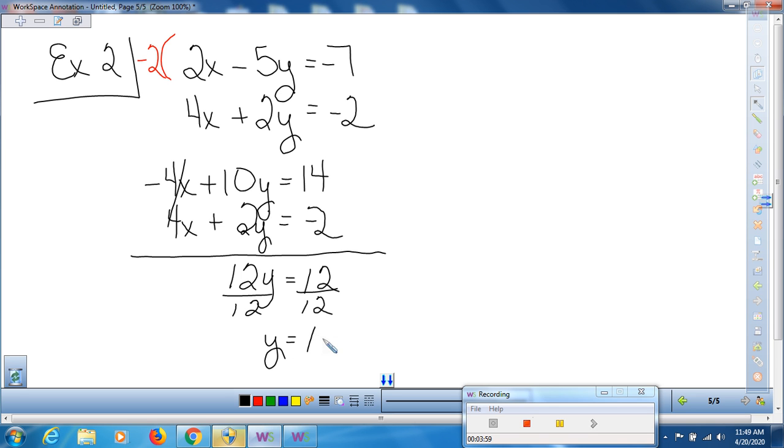Now at this point, we're going to take this solution and plug it back into one of our two original equations. I always prefer the top one, but it really doesn't matter. So if I plug y equals 1 in here for y, of course, I get 2x minus 5 times 1 equals negative 7.